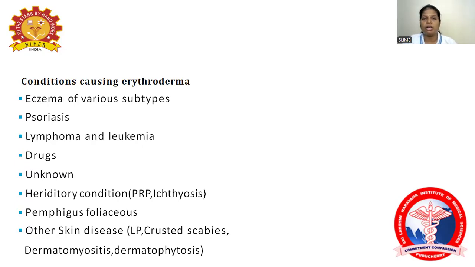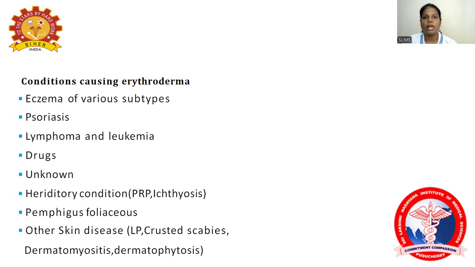What are the conditions causing erythroderma? We will remember them like SCALP. I means idiopathic. Another I for infections, like herpes simplex virus, HIV infection, and dermatophytosis. Infestations like crusted scabies are the most common cause. S stands for sarcoidosis, another S for seborrheic dermatitis, C for contact dermatitis and collagen vascular diseases.